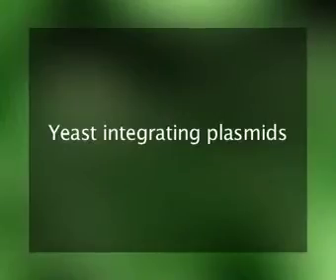Yeast integrating plasmids. These are not actual yeast plasmid vectors because they are unable to replicate within a yeast cell without integration into a chromosome. Such vectors contain a yeast marker as the only addition to the bacterial plasmid.